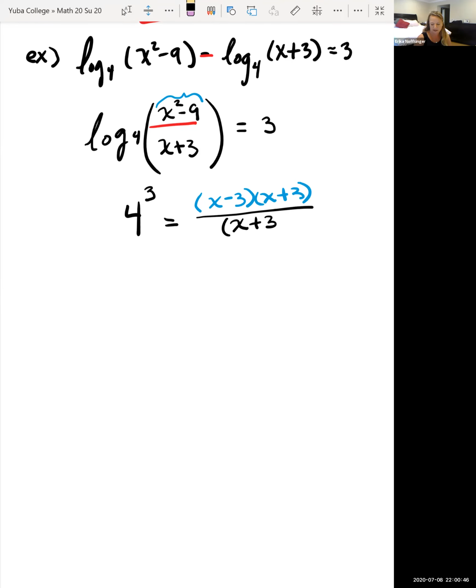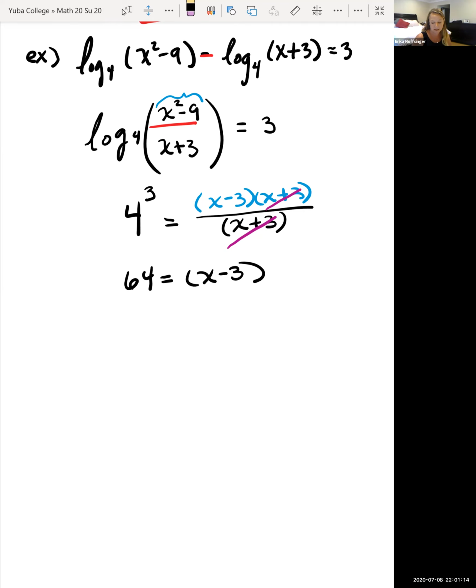So notice this is nice because I can simplify my fraction by canceling x plus 3's. 4 cubed, 4 times 4 is 16, and 16 times 4 is 64. So 4 cubed is 64, is equal to x minus 3.